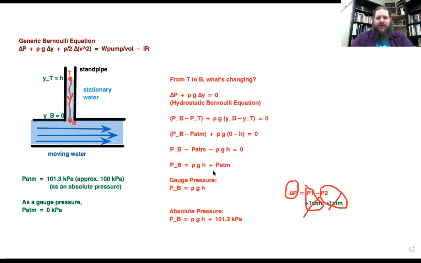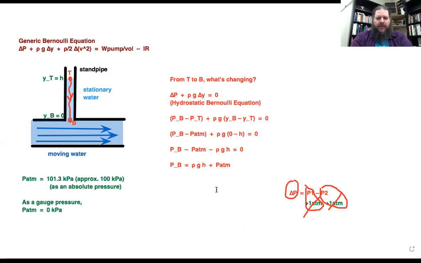In fact, if we're on Earth, what's gravity? Value of g on Earth would be how much? Ten meters per second squared. And what about density?